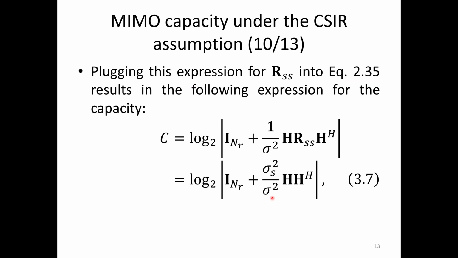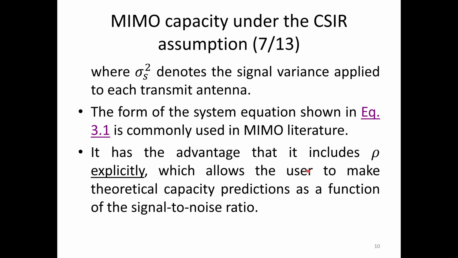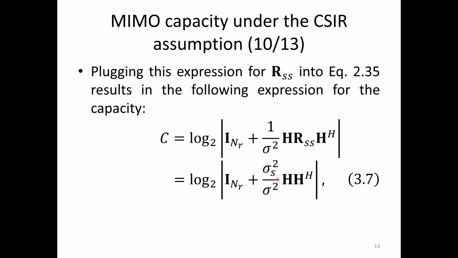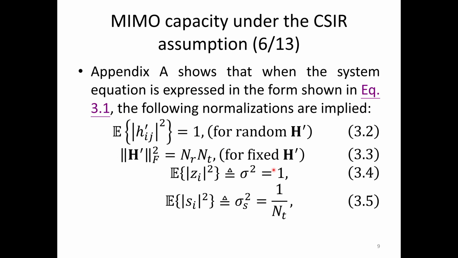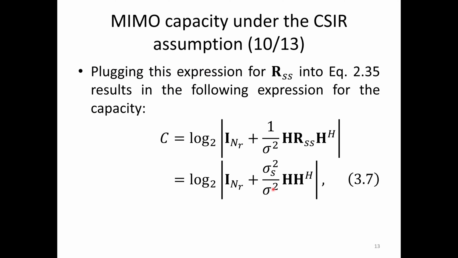You can find that sigma square is equal to 1 and sigma S square is equal to 1 over Nt, so this term is equal to 1 over Nt.